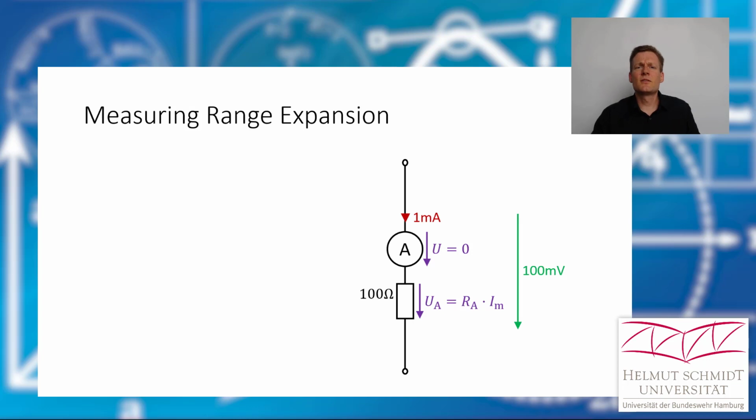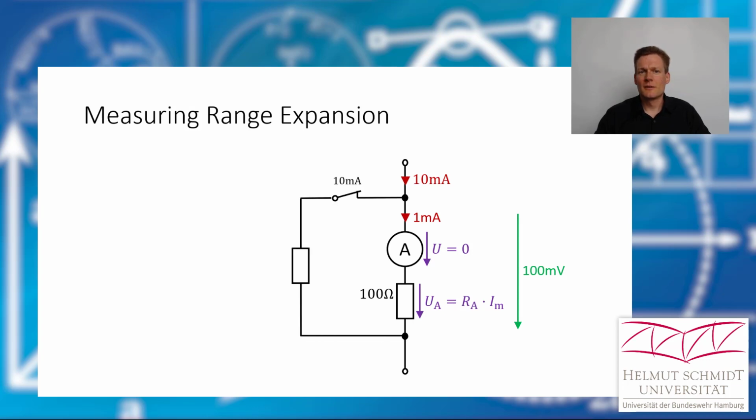Okay, but if we want to measure 10 milliampere, what could we do? We need another path where 9 of the 10 milliampere can flow through. So what we do is we connect a parallel resistor, and we want 9 milliampere flowing through it, and therefore we can calculate its value.